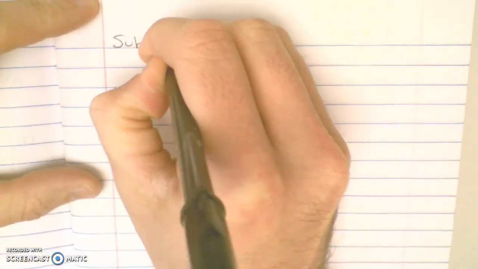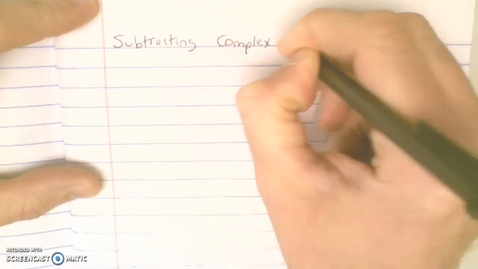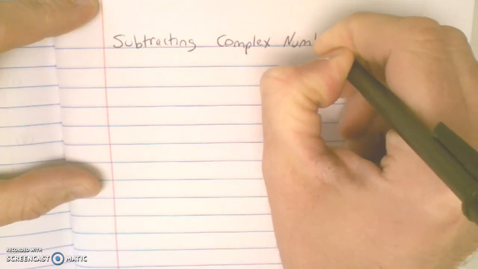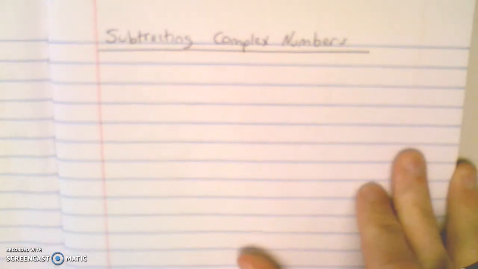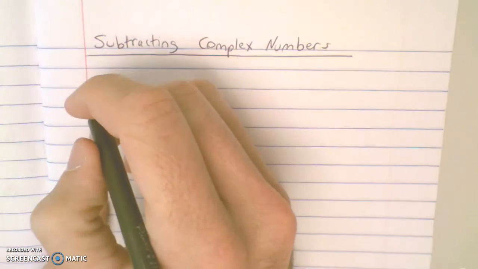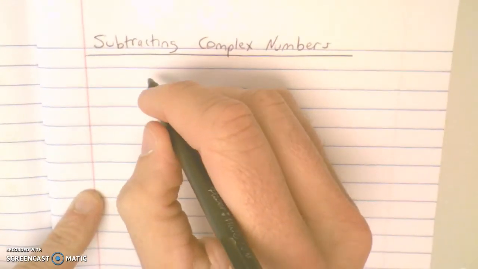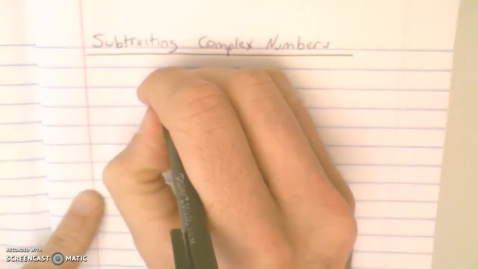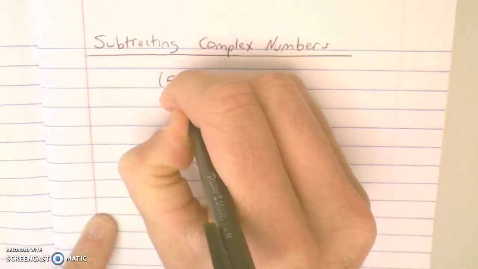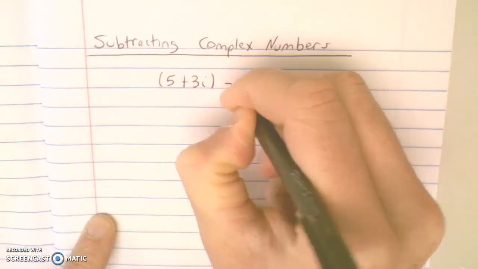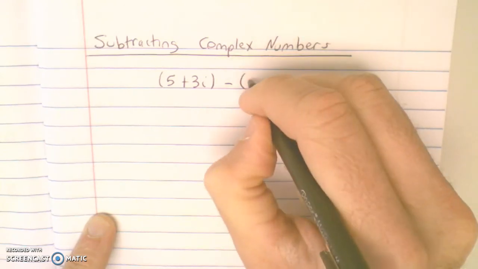For subtracting complex numbers, subtracting complex numbers is very similar. Let's look at that original problem we did when we added. We'll do the same numbers again. 5 plus 3i minus 4 plus 2i.